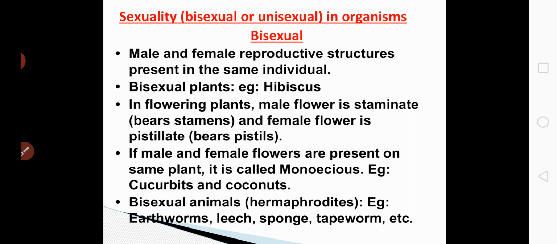In flowering plants, the male flower is called staminate, which bears the stamens, and the female flower is known as pistillate because it bears the pistils. If male and female flowers are present on the same plant, it is called monoecious.